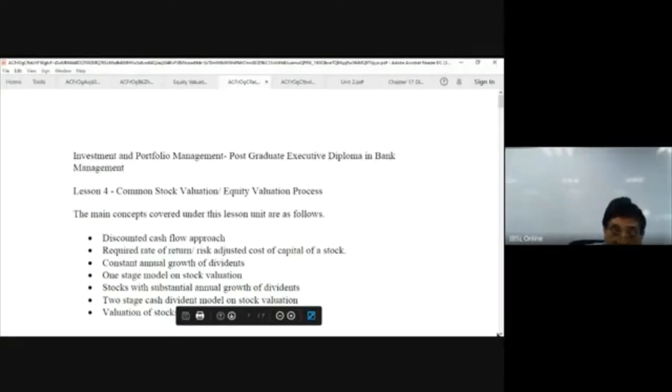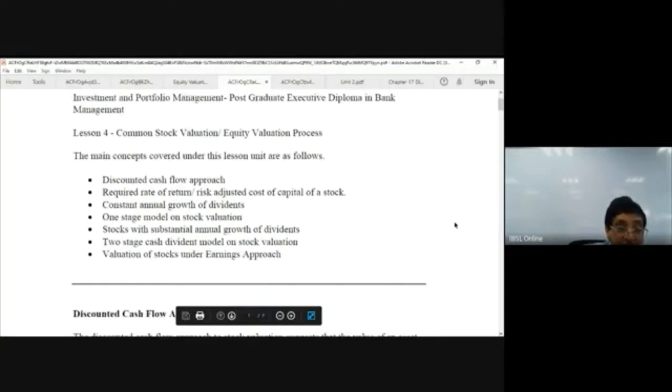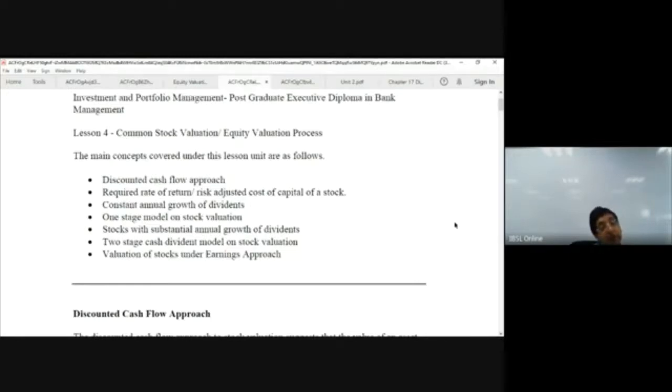Right. I think last time also we discussed this and we will continue with that. What we are trying to do here is, with analysis of the future cash flows, arrive at the price of the stock.